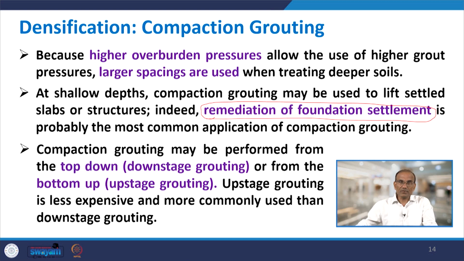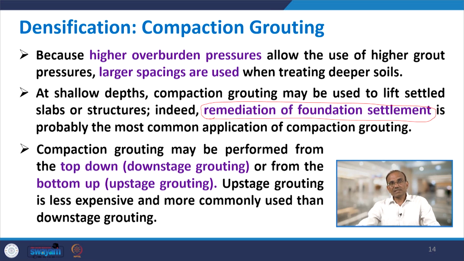Compaction grouting may be performed from the top down. Top down means basically you start from the top and then go towards the downside, which is called down stage grouting. That means you are going from top to down. Or it could be bottom up, which is called up stage grouting. That means you start first from the bottom and then go towards the top.